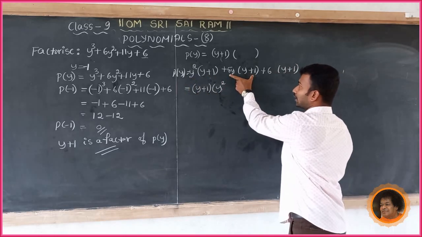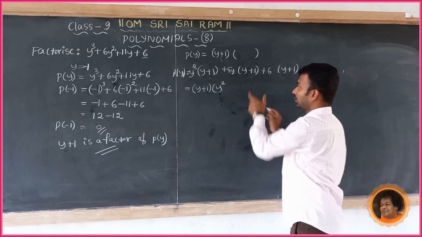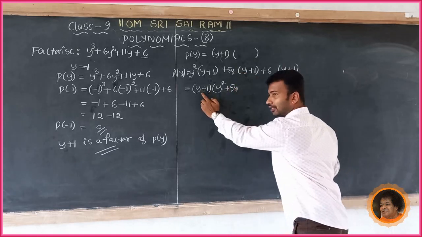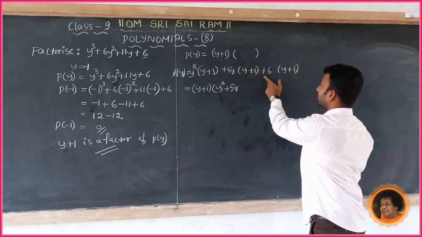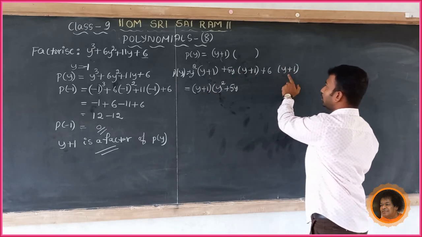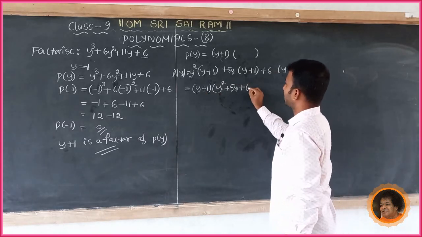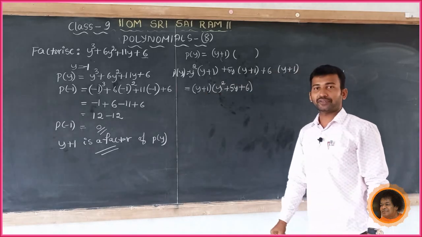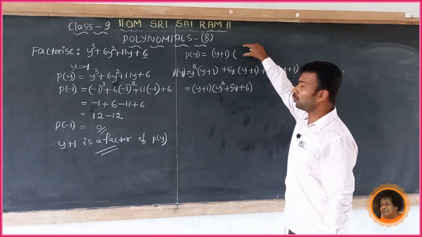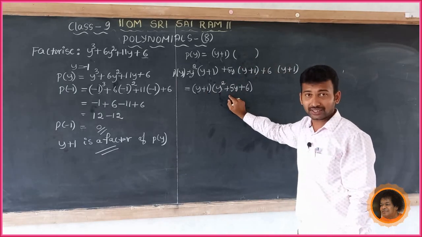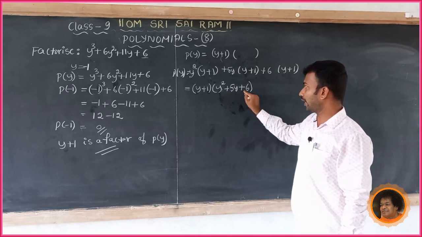Then in 5y into y plus 1, 5y remains, because y plus 1 is a common factor. Then in plus 6 into y plus 1, y plus 1 is common, so plus 6 remains. So we got the unknown term as a quadratic polynomial, that is y square plus 5y plus 6.